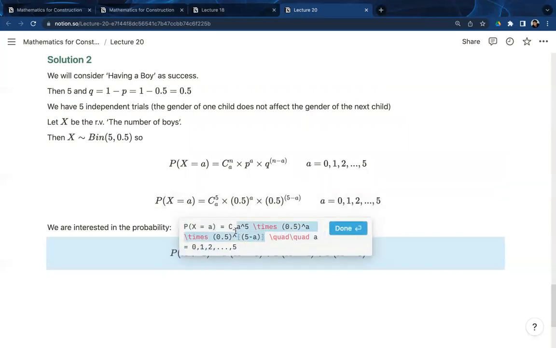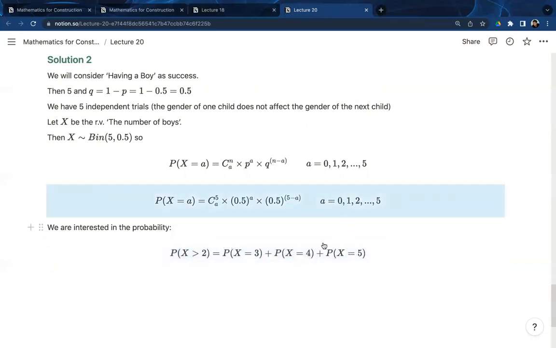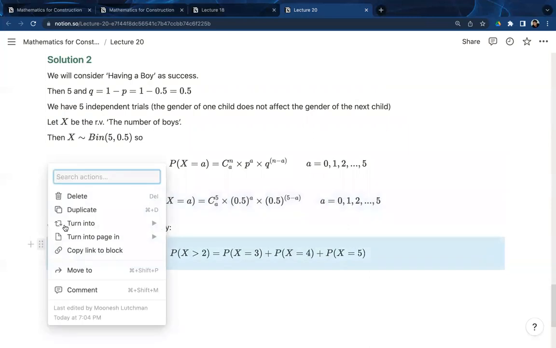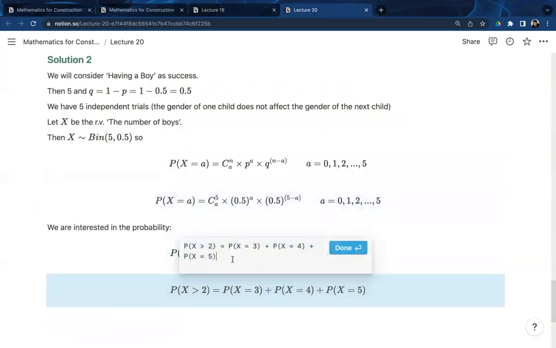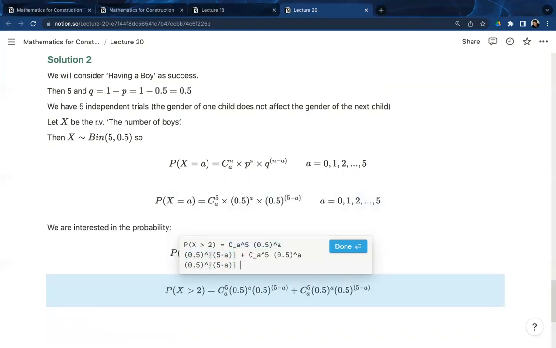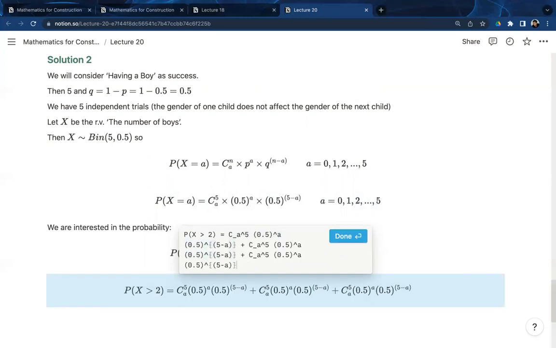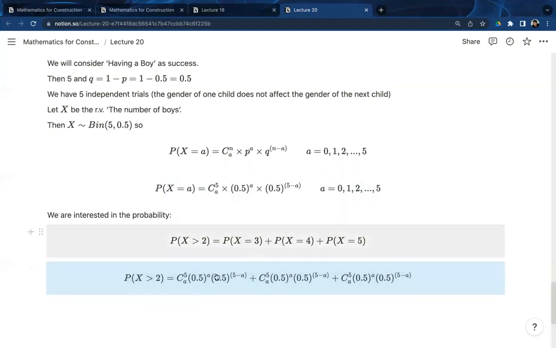So let me see. Try and write this, with all the terms. So 3, 4, 5. This one is 3.